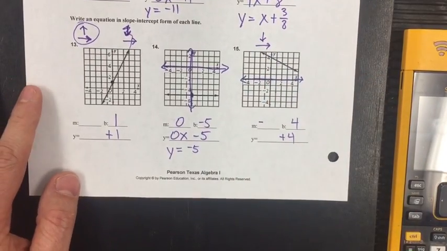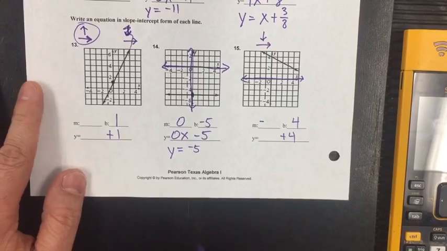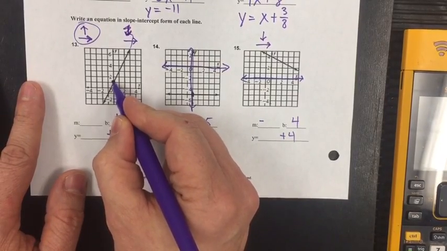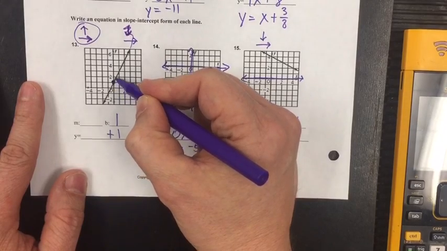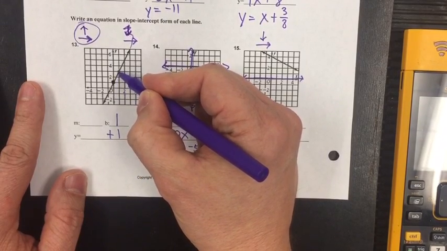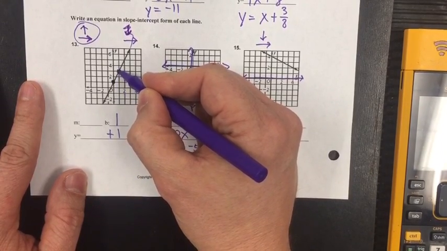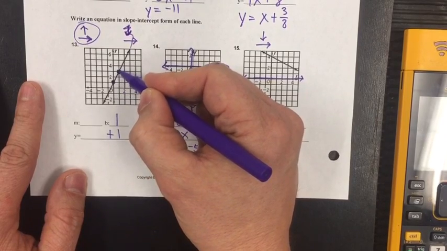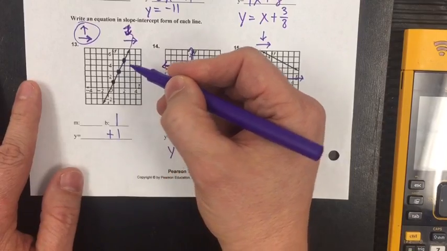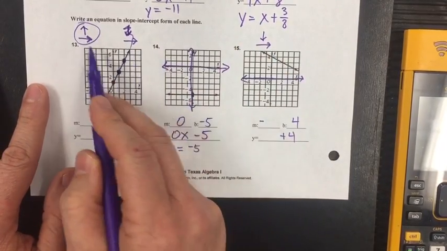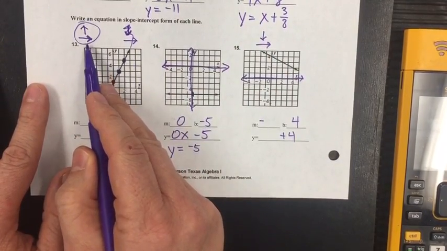Let's do number 13. Now I need to find some friendly points. I have one friendly point. It happens to be my y-intercept that I already found. I can go up the line to find where it crosses the grid perfectly again. There's one, and then there's another one. Now remember, when we're finding slope, we're looking for two numbers: my up number and then my to the right number.